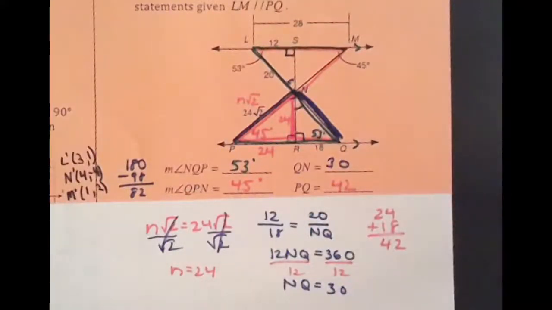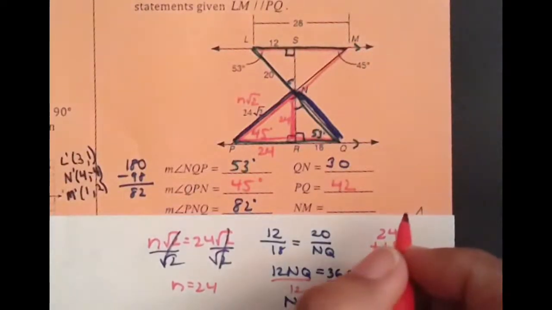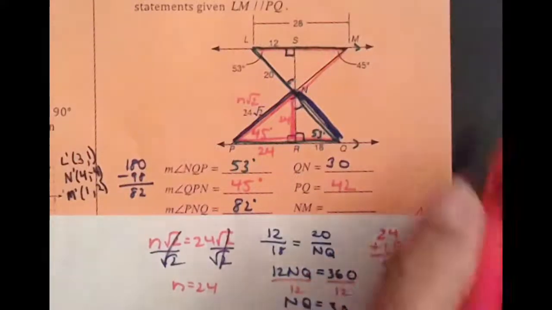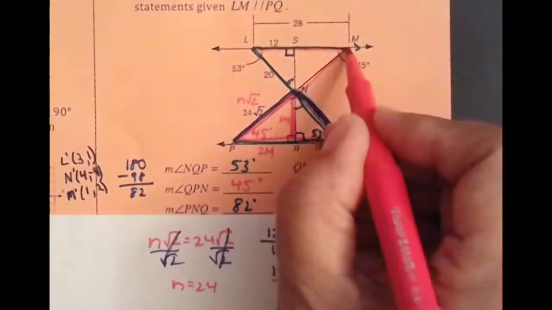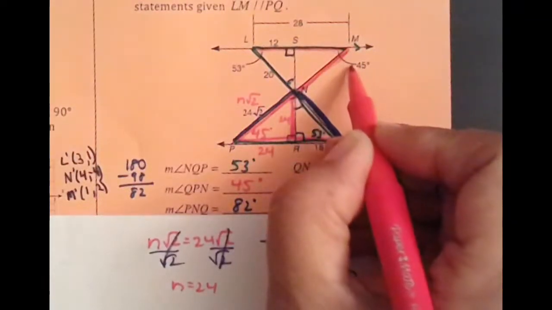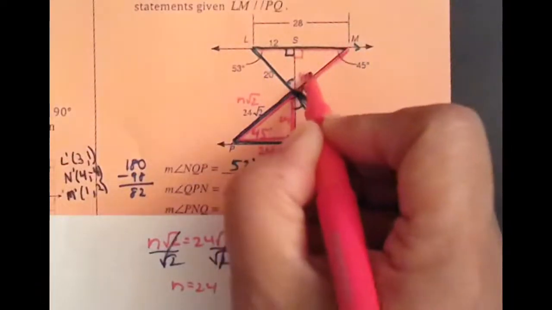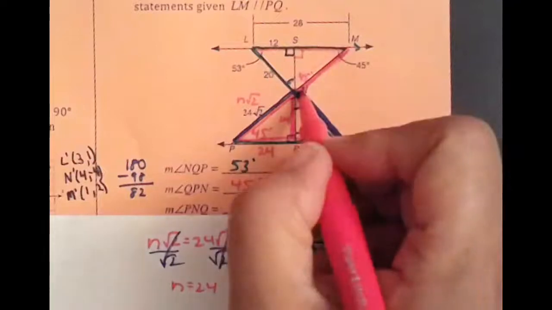All right, and then the last thing that we want to solve for is the length from N to M. So N is here, and M is right here. So this is the length that I want to know. Now, I happen to know that this is a 45, 45, 90 again. 90 is right here, 45 there, 45 here. So I want to find the hypotenuse.